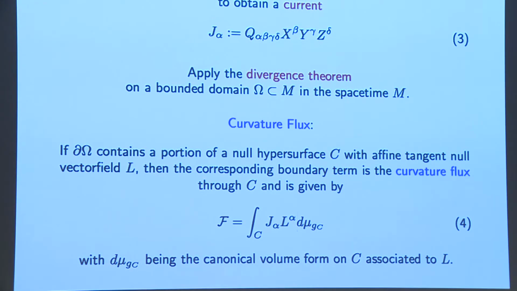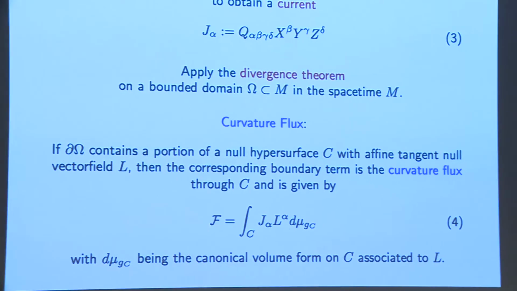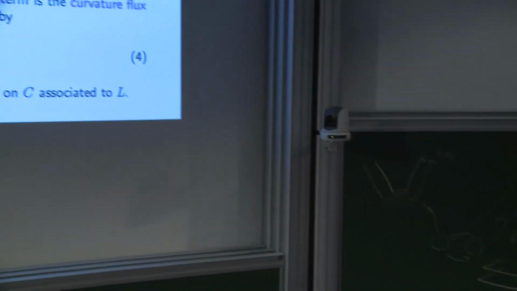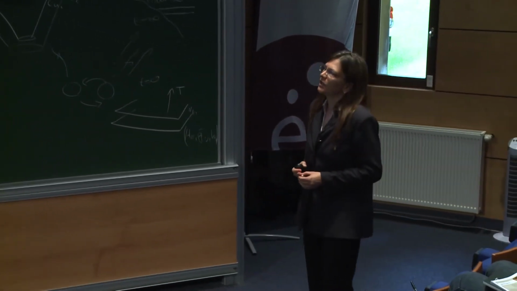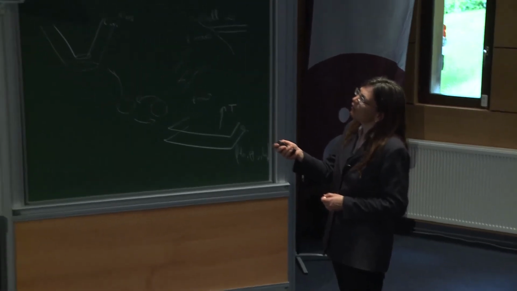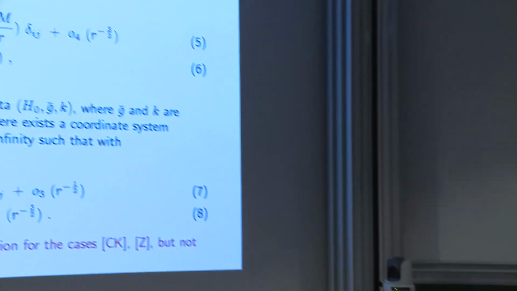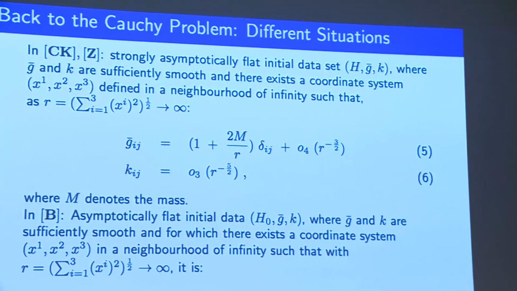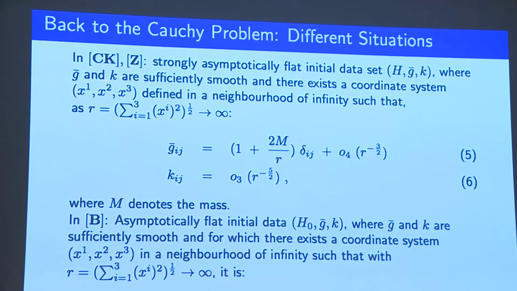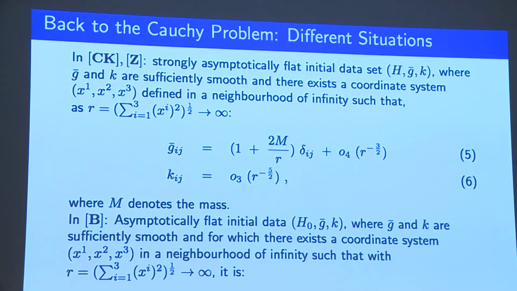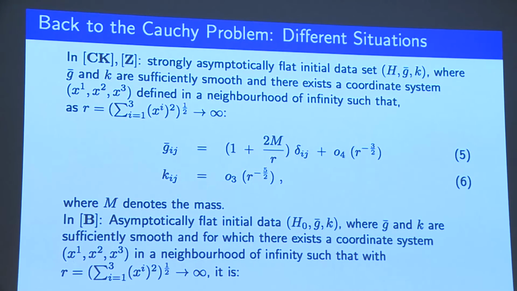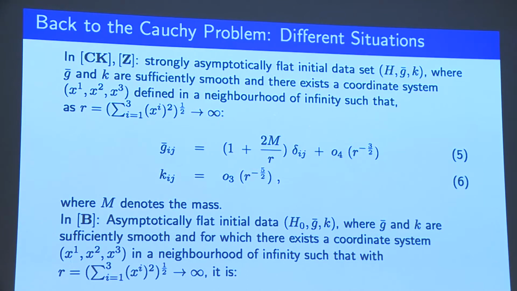And often when you would like to prove control, the Bel-Robinson tensor actually controls the curvature, and from there we can go on. So maybe back to the Cauchy problem for one tiny moment. If you look at initial data of this type, I have not yet told you how much decay you need, etc., for certain questions. So if you look at Christodoulou-Klainerman's Minkowski stability proof and Zipser's generalization to the Einstein-Maxwell case, the initial data has this kind of form.